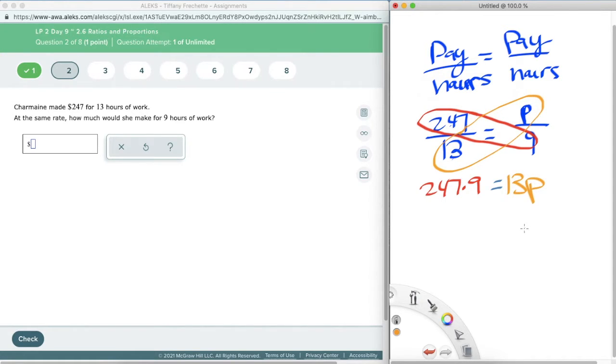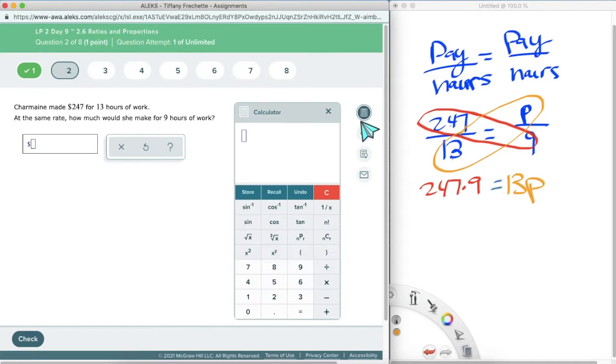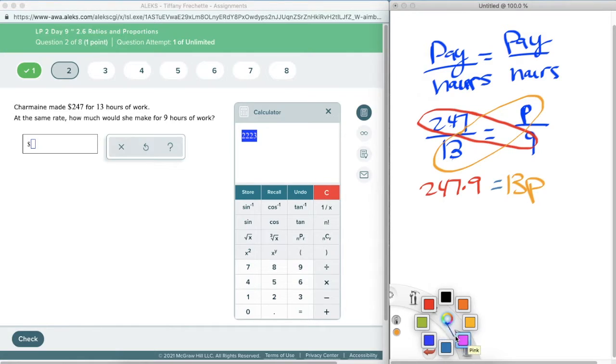So I do want to do my calculation here, 247 times 9. Oh, why isn't it typing it in? 247 times 9. All right. So that gives me a pretty decent number there, 2,223. And that's going to equal 13P.